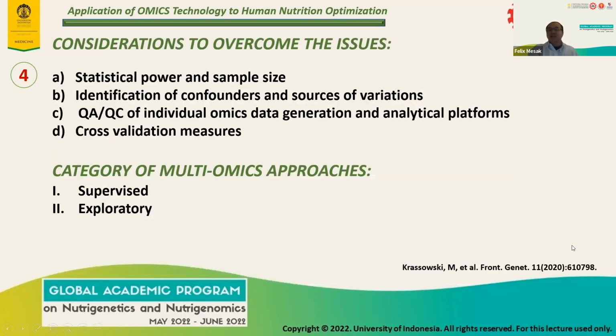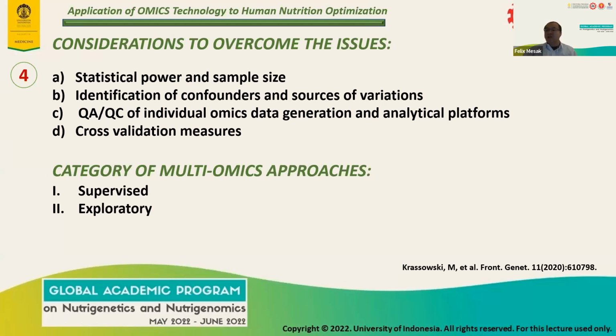Now, some of the considerations needed to overcome these issues include careful assessment of statistical power and effect size appropriate to the experimental design. Identification of confounders, such as sex, age, input materials inherent to the data, biases, such as replicates, biological or technical, both actually biological and technical, during the replication, so that potentially gives you biases.